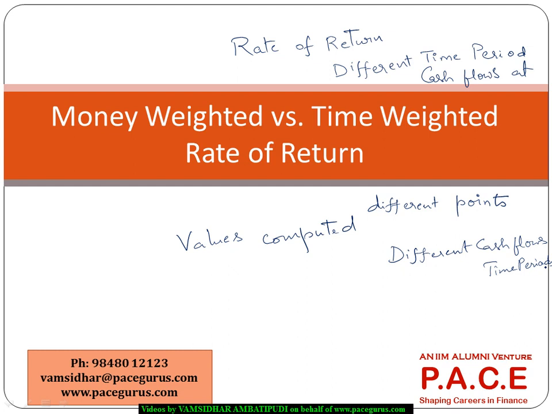The key difference is that the money weighted rate of return is purely based on the cash that is getting invested or withdrawn.